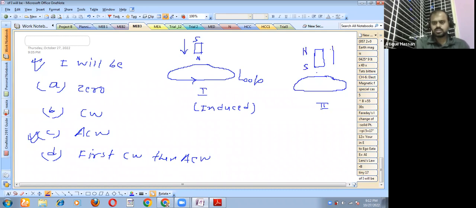The magnet is moving away. In the question, what will be the direction?